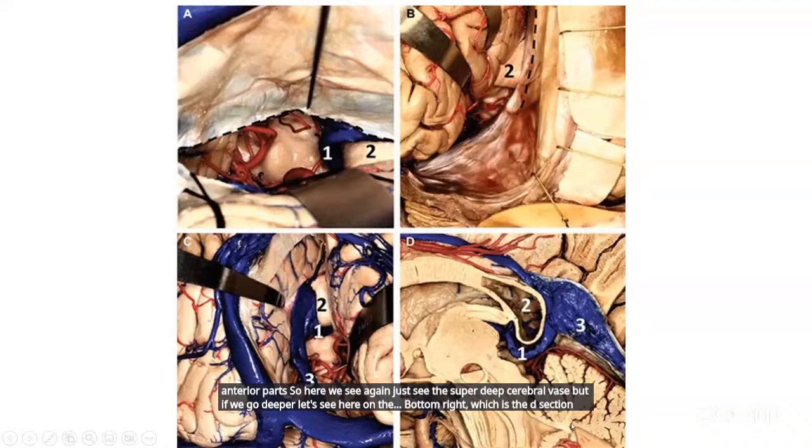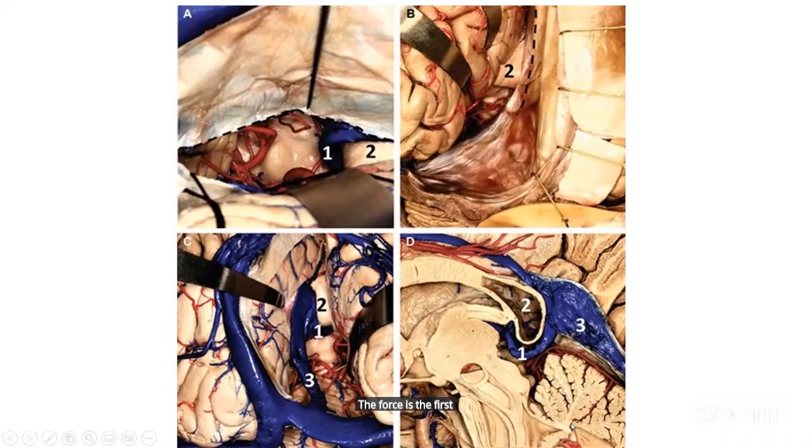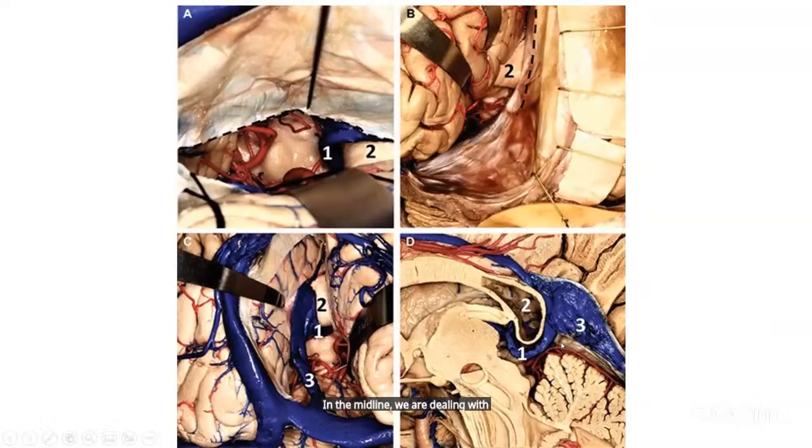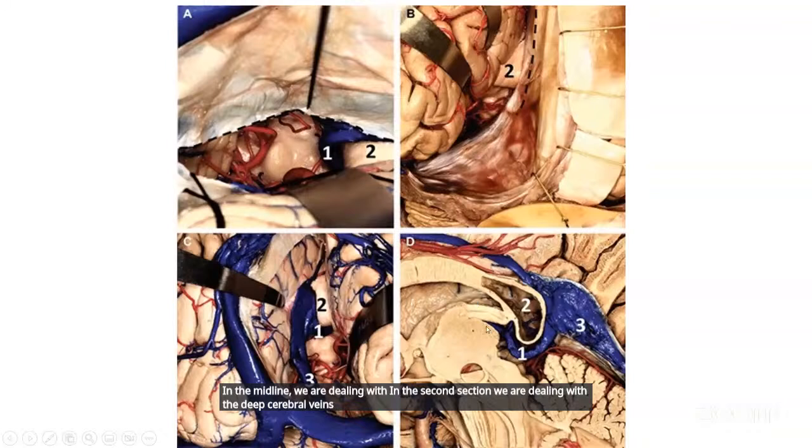Here we see the vein of Galen, the straight sinus, and the splenium of the corpus callosum. So again, in the midline, we are dealing with the deep cerebral veins, and especially their branches are very well described by our previous speaker, Barış Küçükürük, so I will not go into the details.